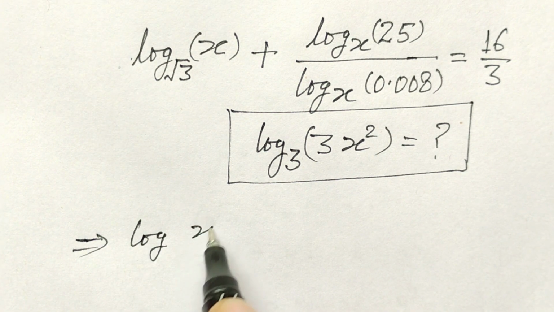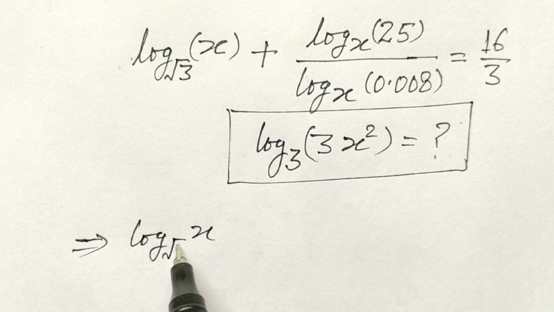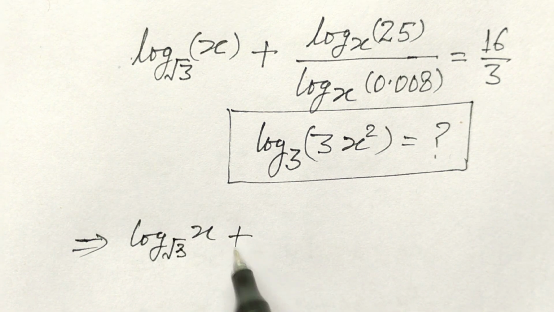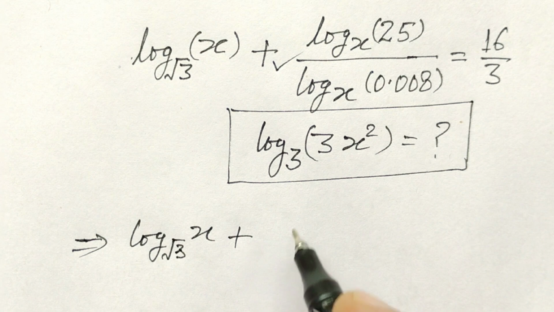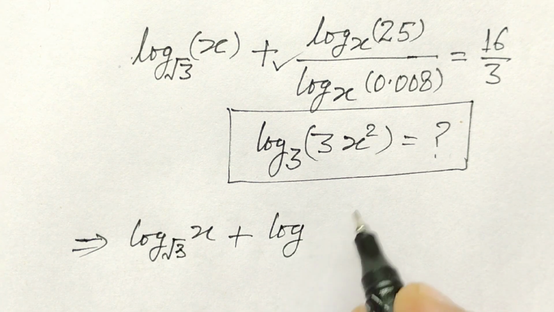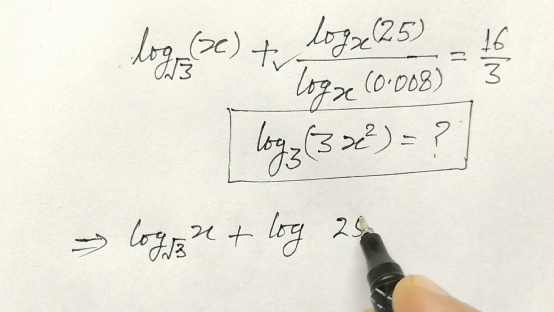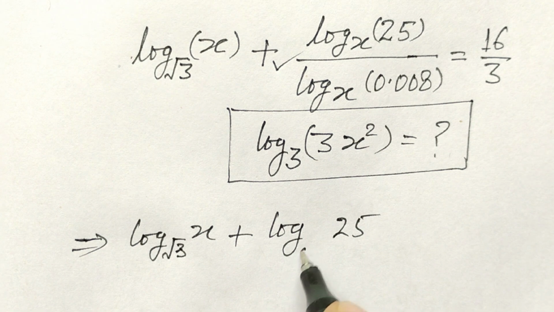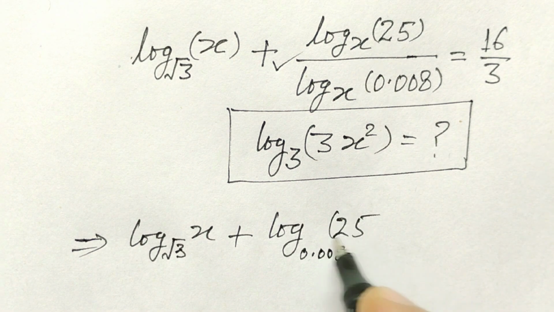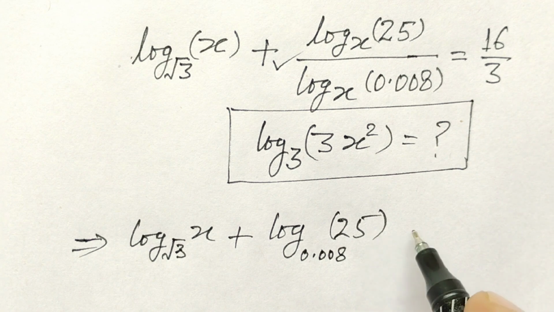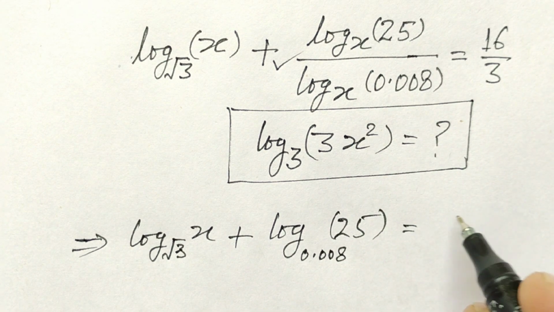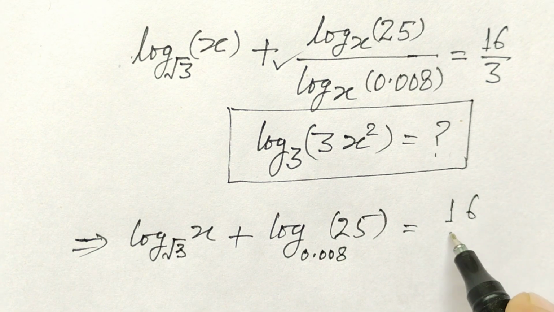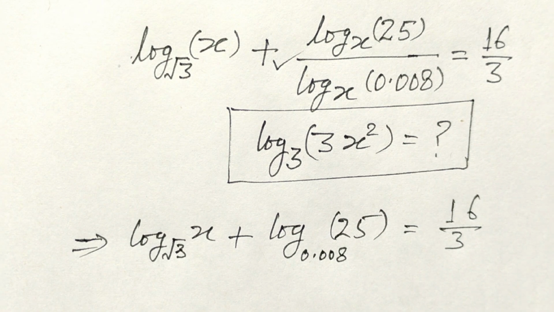Log of x to the base square root of 3 plus log of 25 to the base 0.008 is equal to 16 over 3, right?